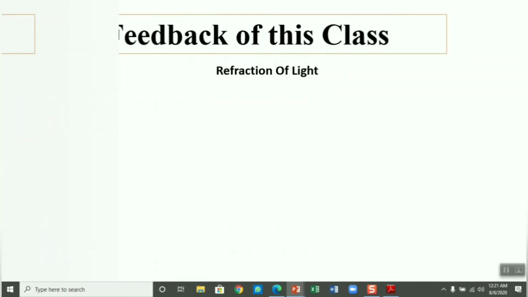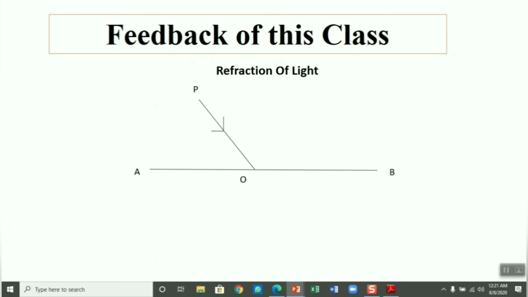Now I will take another feedback. Again, what is this one? Very good. That is surface of separation, and this one is incident ray. Yeah, very good. Normal. Wonderful. This is refracted light. Good.